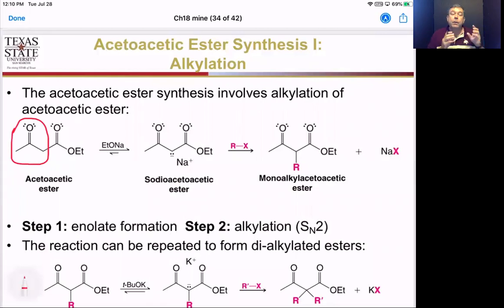Okay, that will appear in the product of all of your systems, and this is where you're going to attack whatever R you have. Okay, so just like in the malonic acid ester synthesis, we deprotonate at our alpha carbon here, generating our stabilized anion. Remember that because we have those 2 oxygens there, we have 3 resonance structures, making it particularly acidic and making it particularly stable.